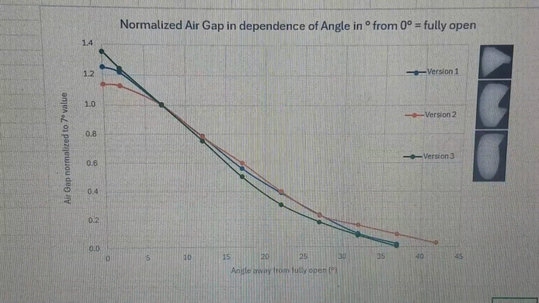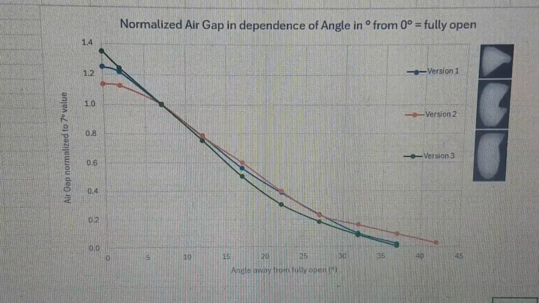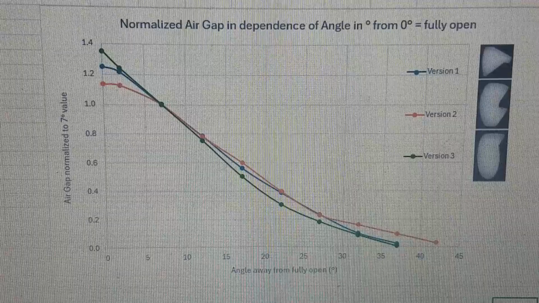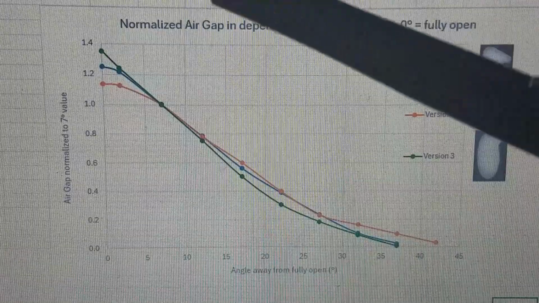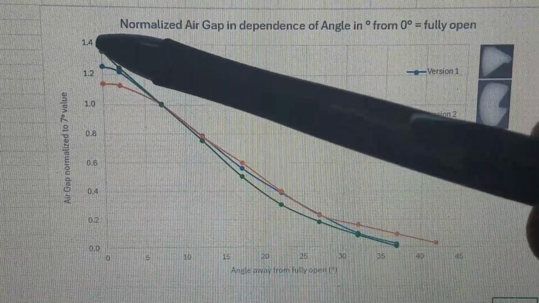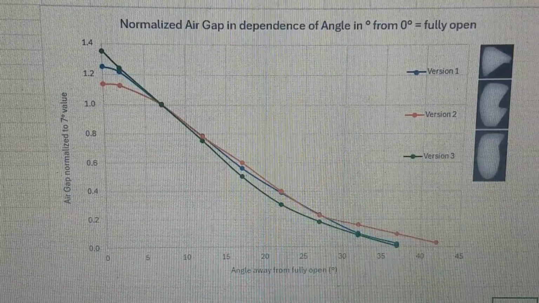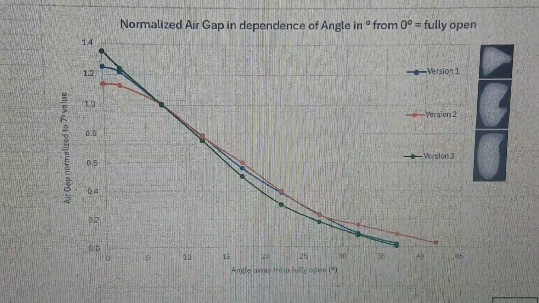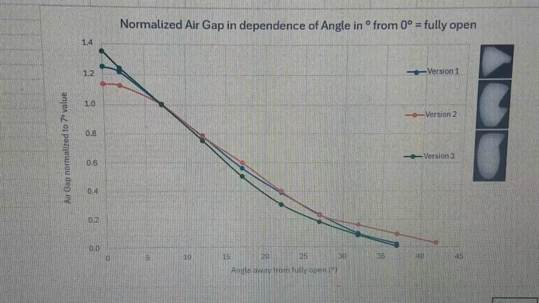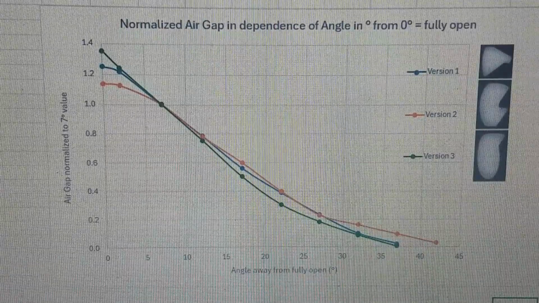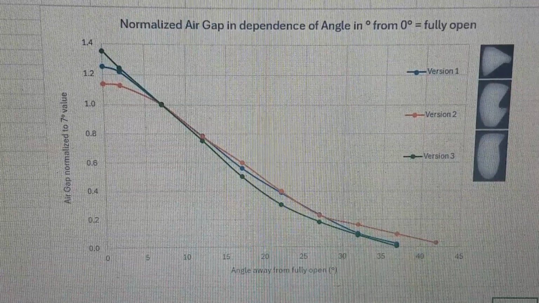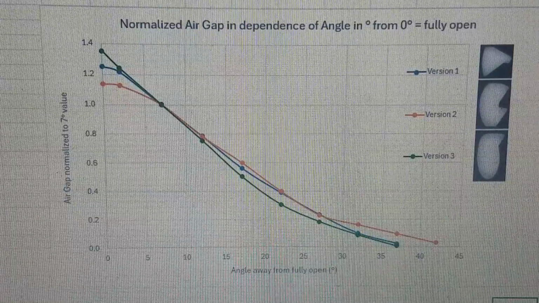What you can see is that they behave very differently. For example, 1 and 2 come out of the y-axis almost horizontally and then curve down. So this will point to an initially large air gap that is being kept large and then goes down in a different way.